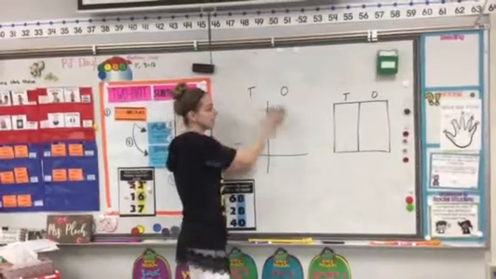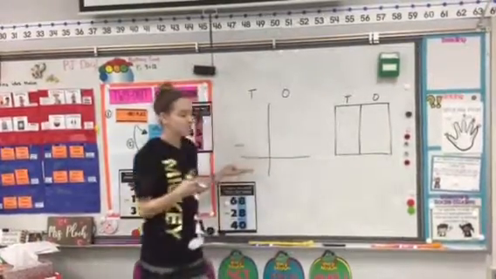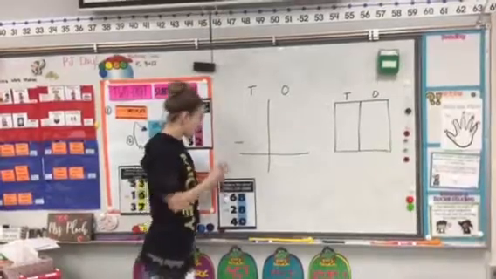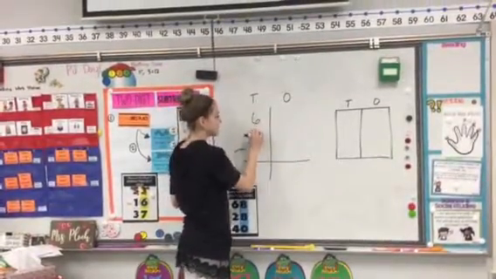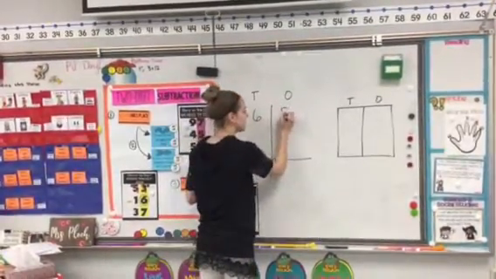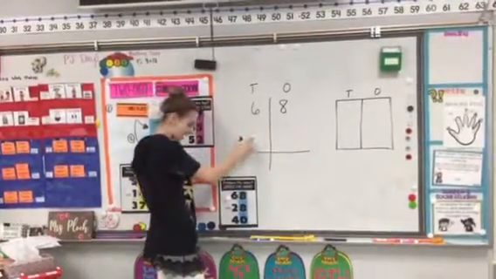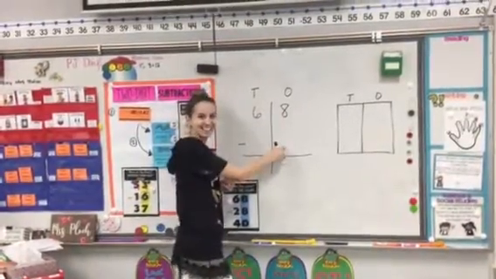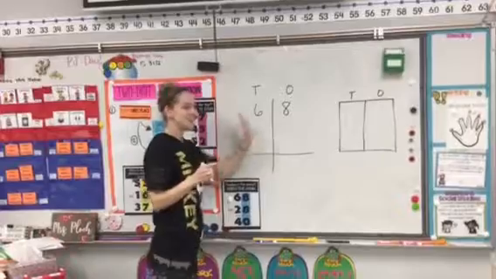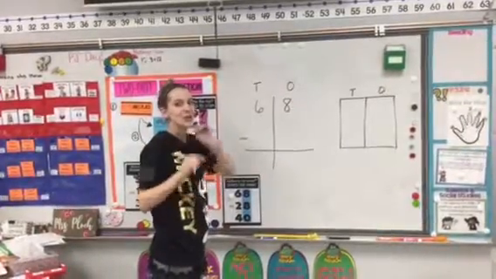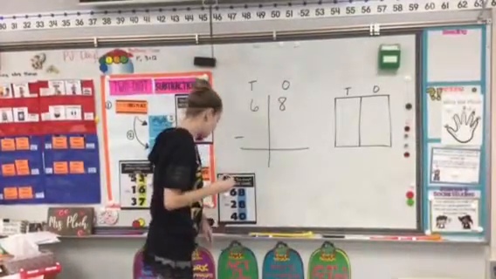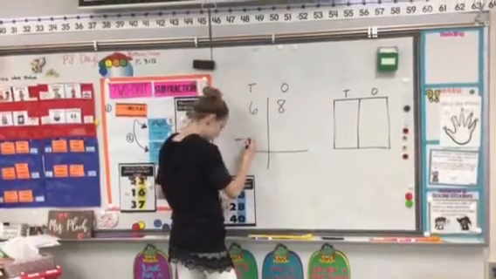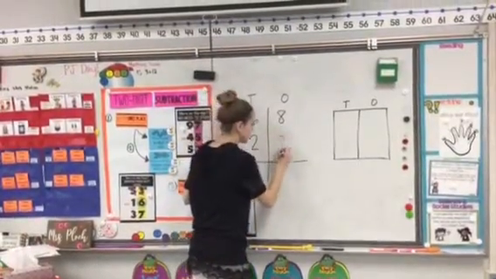You have a space for the tens and a space for the ones. Make sure that when they're writing it, for example, if I'm writing 68, I put the 6 in the tens place and the 8 in the ones place, not 68 minus 28. So they get that there's tens and there's ones, because that is very important when they start to solve this equation. So we'll do 68 minus 28.